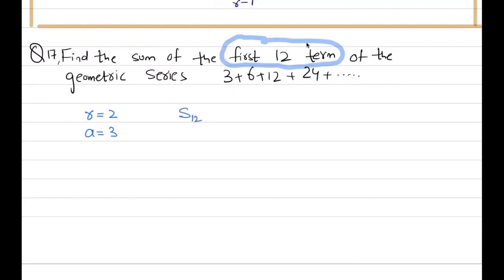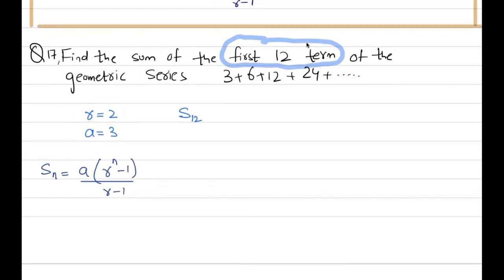So if you recall, the formula for Sn in a geometric progression is a times (r to the power of n minus 1) over r minus 1. I'm using this form because the common ratio is greater than 1.